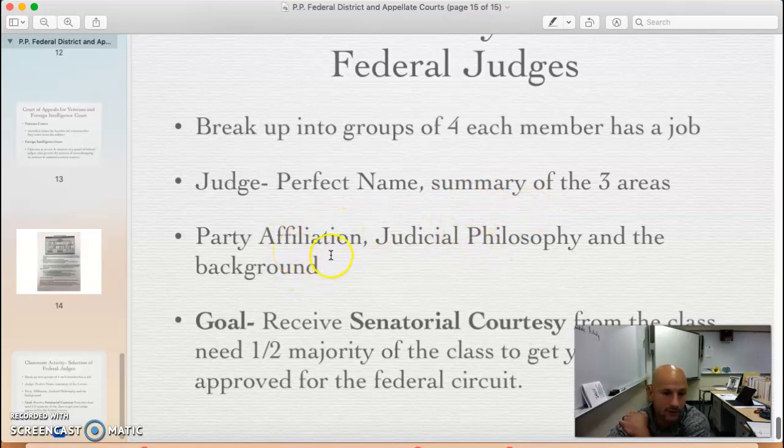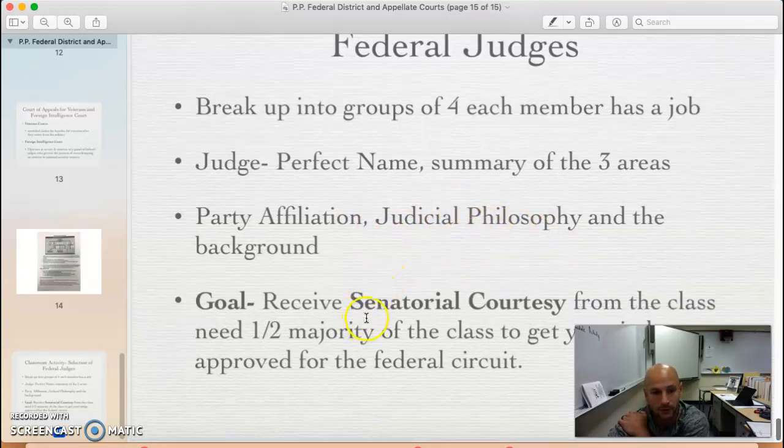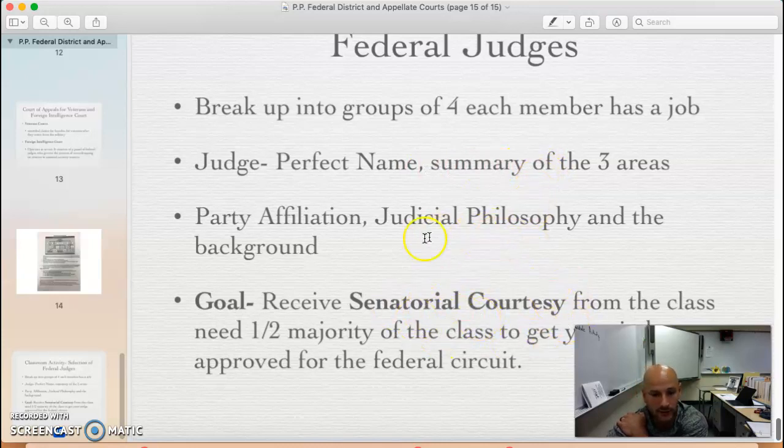Here are the 3 areas: party affiliation, judicial philosophy of that judge, and background. Your goal is to receive half of the Senate. It can be short, 3 paragraphs, kind of a fun activity, the perfect name, your judge, senatorial courtesy, and I'll post this as the senatorial courtesy judge activity for 10 points, and you can submit that to me.